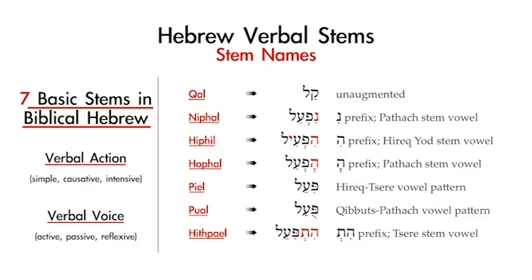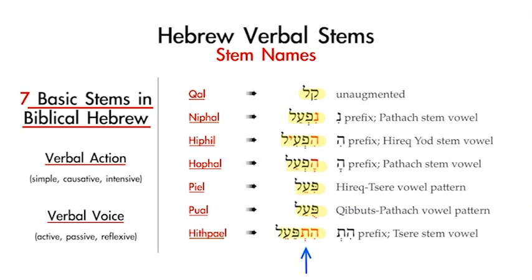Now, these names will be unfamiliar to you. They are actually transliterated Hebrew names, and you can see the forms from which they're derived in this second column. Beginning again at the top, kal, nifal, hifil, hofal, piel, pual, and hithpael.